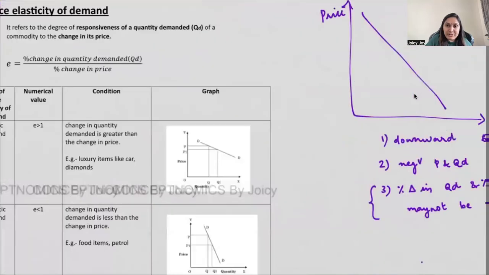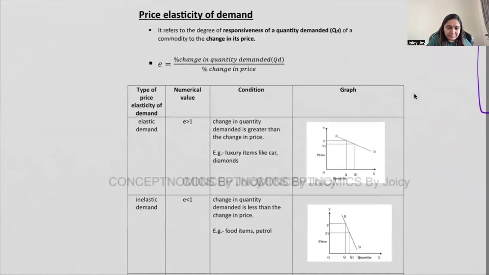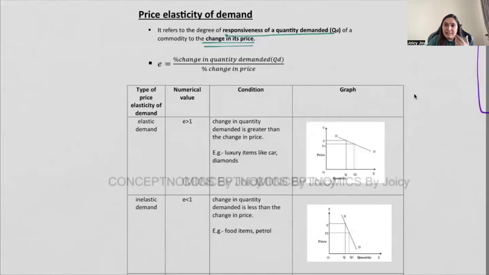Now let's come to the definition of elasticity. Price elasticity of demand. So what is price elasticity of demand? It refers to the degree of responsiveness of the quantity demanded of a commodity to change in its price. That is how a consumer or a customer is responding to change in price. And how is this response seen?